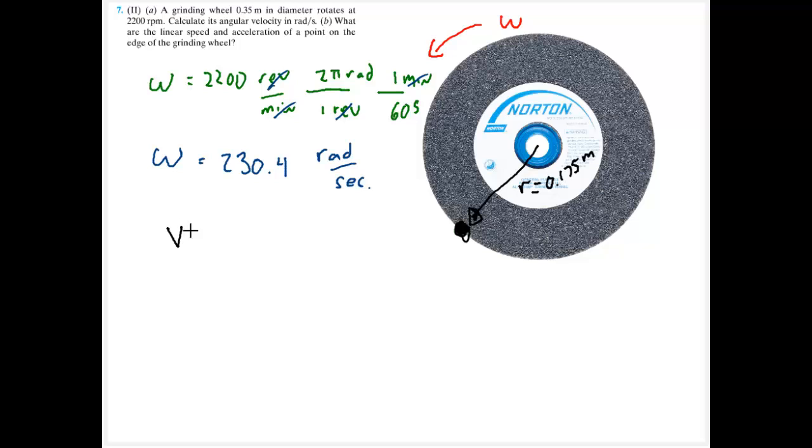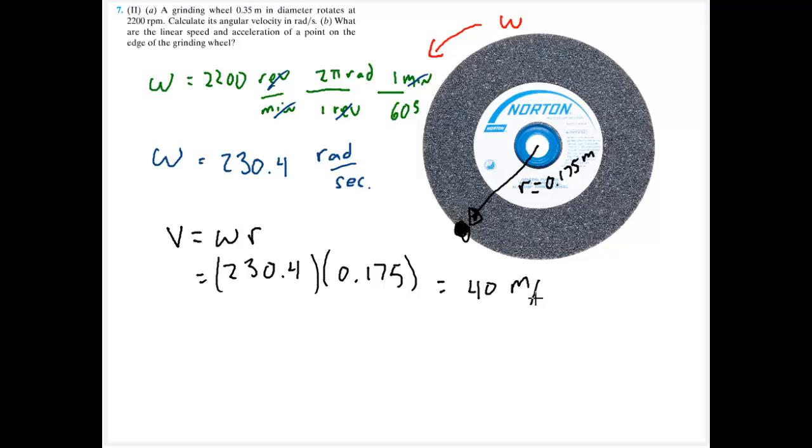I can write the linear velocity in terms of the angular velocity and the radius. So 230.4 radians per second multiplied by 0.175, I find out that the linear velocity is going to be about 40 meters per second.